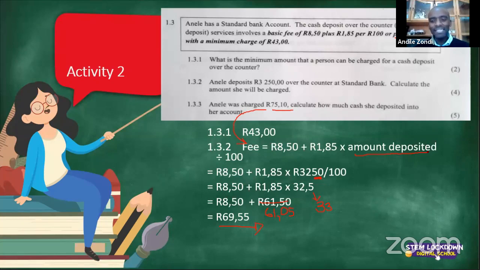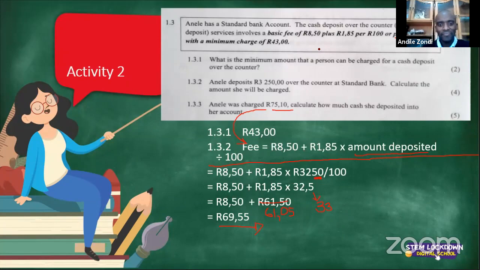Let me give you a couple of minutes to do this question, because I want to see who can use this formula to calculate the amount that was deposited. Maybe we should do it step by step.